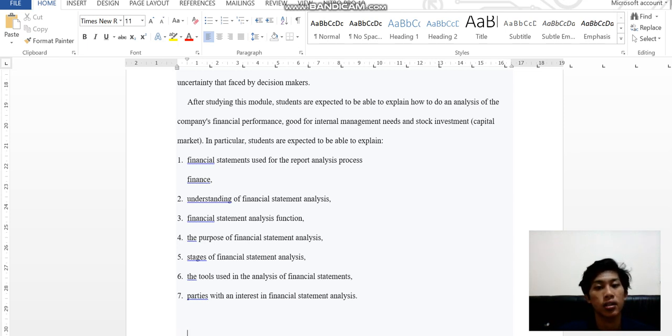Understanding of financial statement analysis. 3. Financial statement analysis function. 4. The purpose of financial statement analysis. 5. Steps of financial statement analysis. 6. The tools used in the analysis of financial statements. 7. Parties with an interest in financial statement analysis.